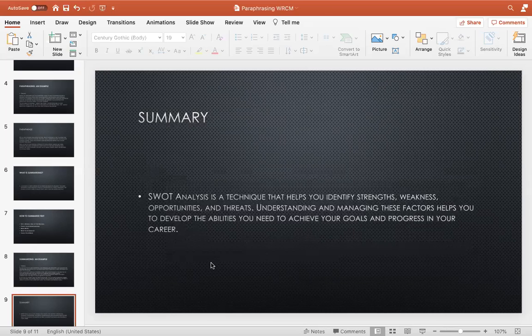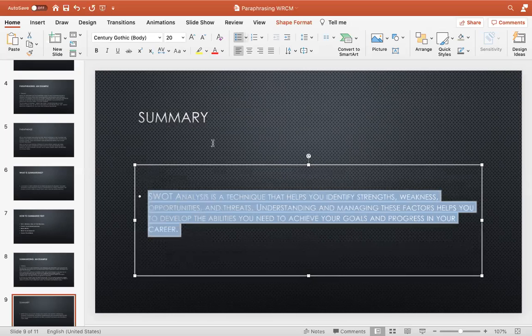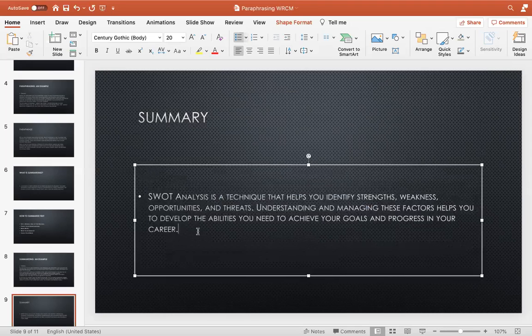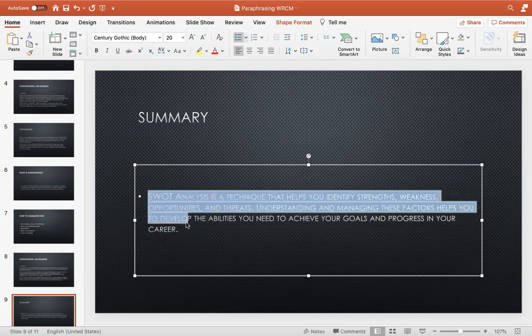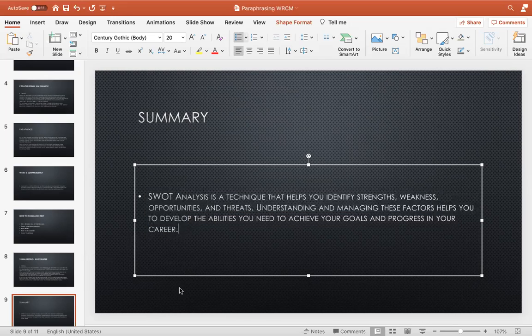Here is the summary of that original text. So I'm sure the first thing that you noticed between the summary and the original text is the length of the summary. Okay, it is almost 1/3 of the original. Let's read it. SWOT analysis is a technique that helps you identify strengths, weaknesses, opportunities, and threats.